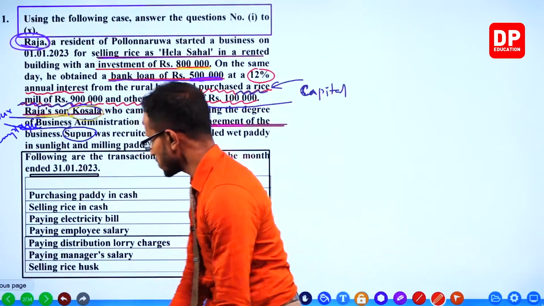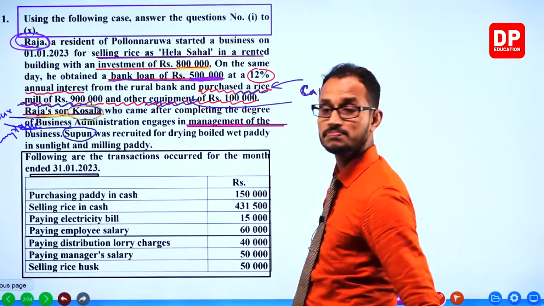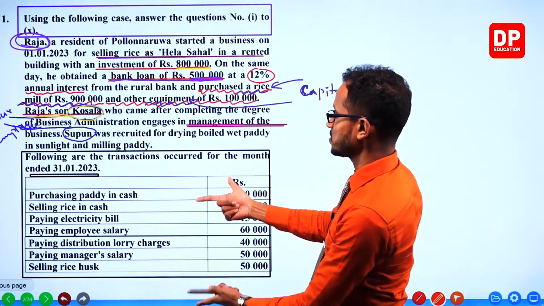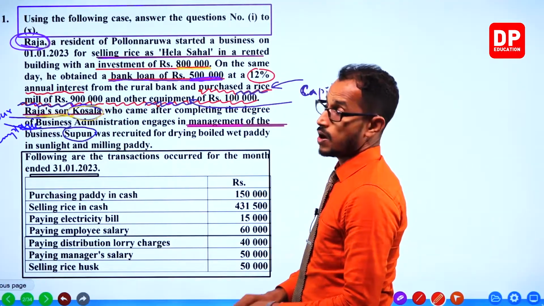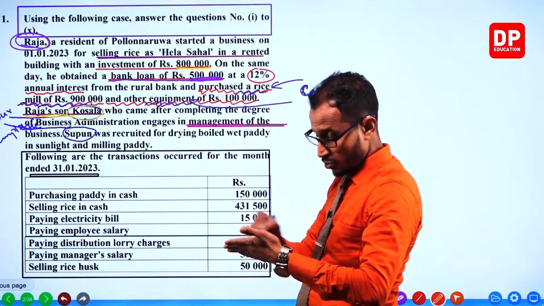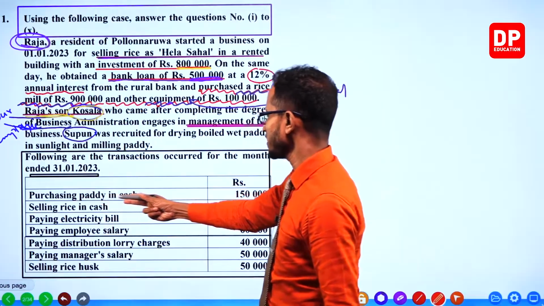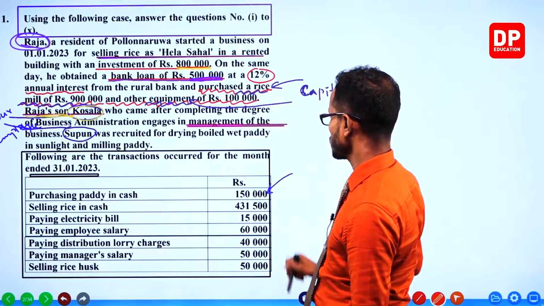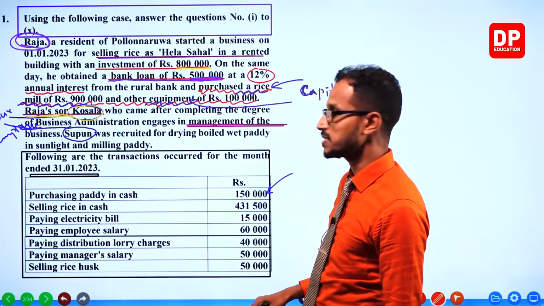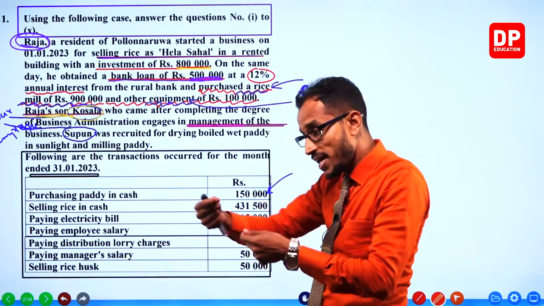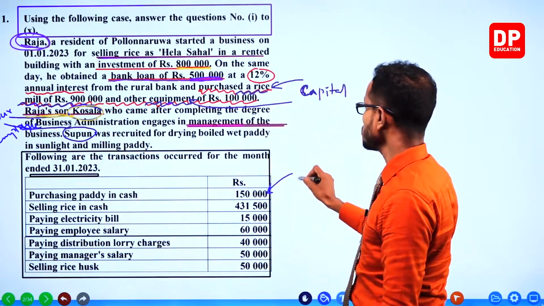You have to look at the transactions. Now you can decide what bills or source documents must be issued. Purchasing paddy in cash: for this transaction, paying cash, payment voucher.